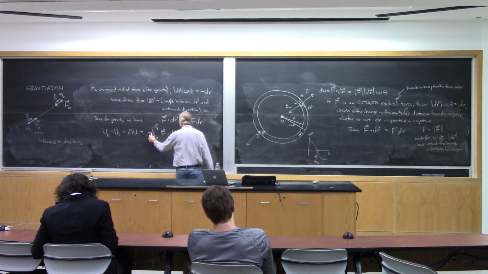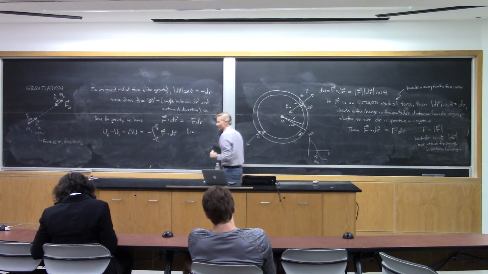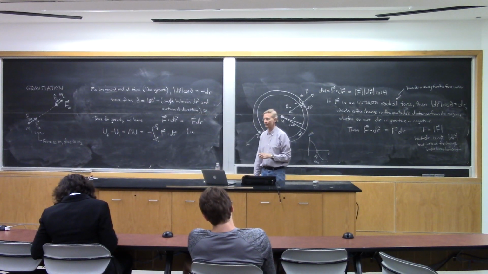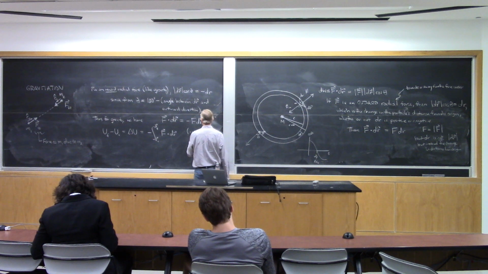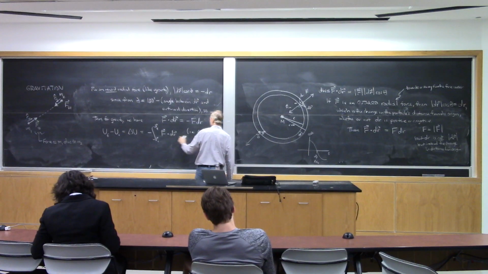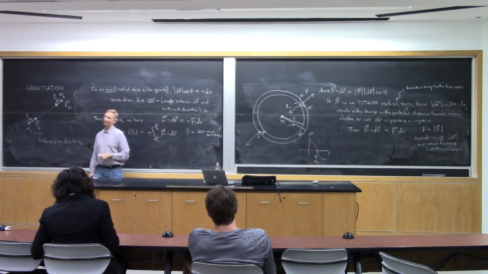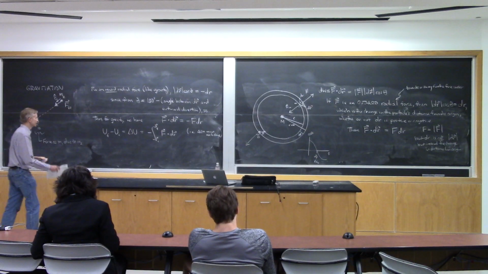This minus sign isn't here because of this. This is just always going to be true when we're defining the potential energy, i.e. delta U equals minus work done. So this minus sign would always be there, but now it's going to meet this one, and they'll annihilate one another.